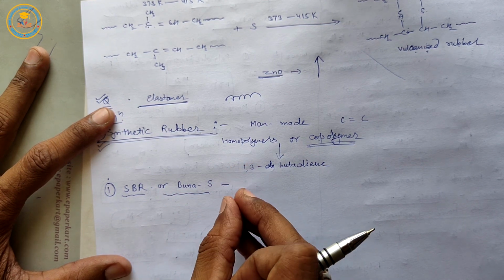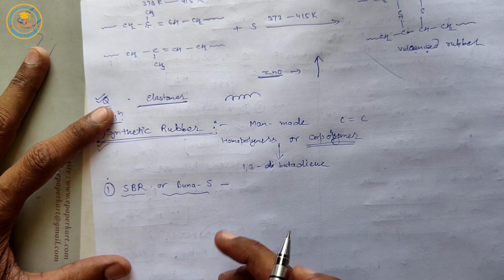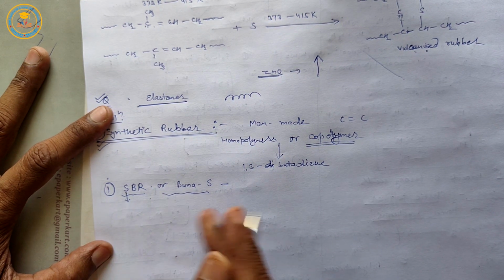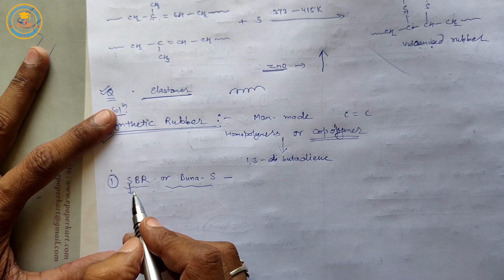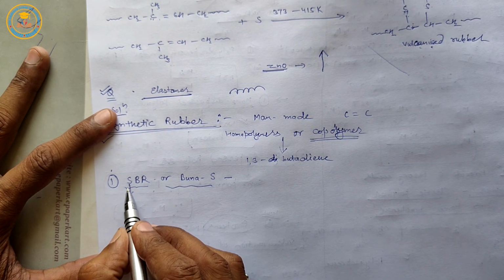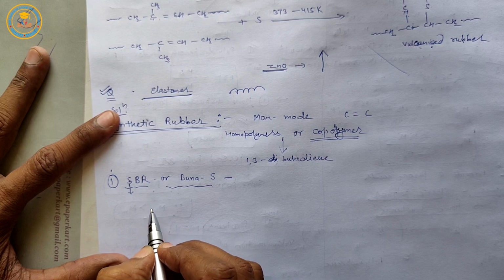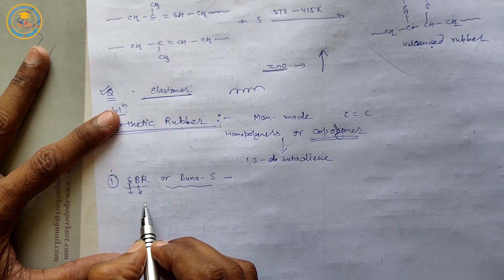It is prepared by copolymerization of styrene and 1,3-butadiene. From its name, the monomer units are styrene and 1,3-butadiene.